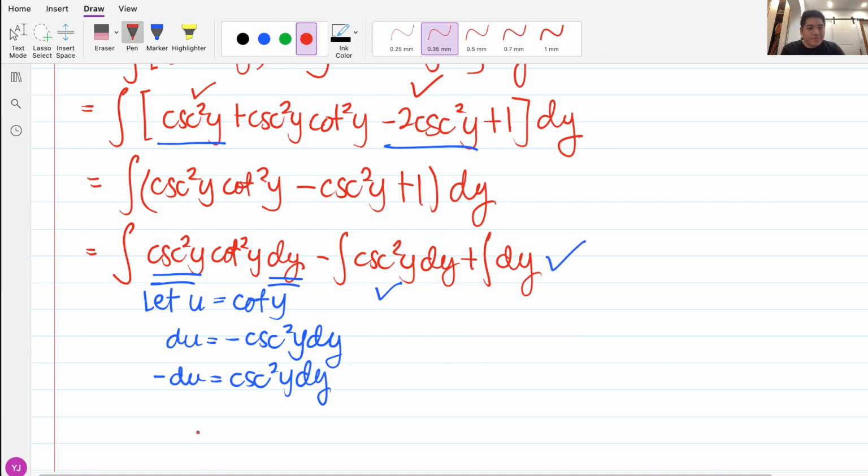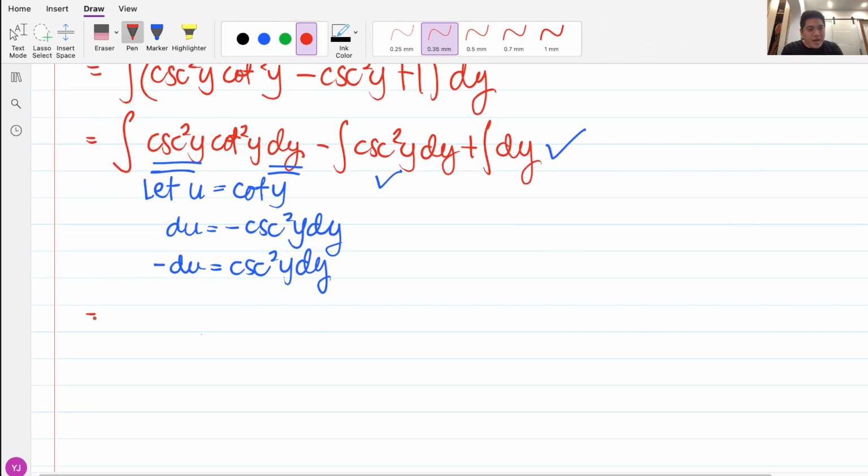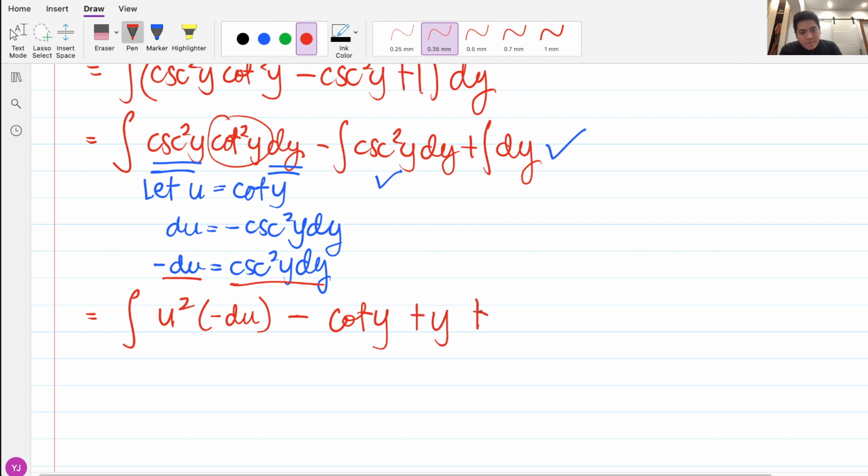So if we do that, class, we have u squared because of the cotangent squared, and then I have negative du here because of the cosecant squared y dy equals negative du. Okay, and then I integrate negative cosecant squared y, that's cotangent of y. And then integral of dy, that's plus y, and then plus c.